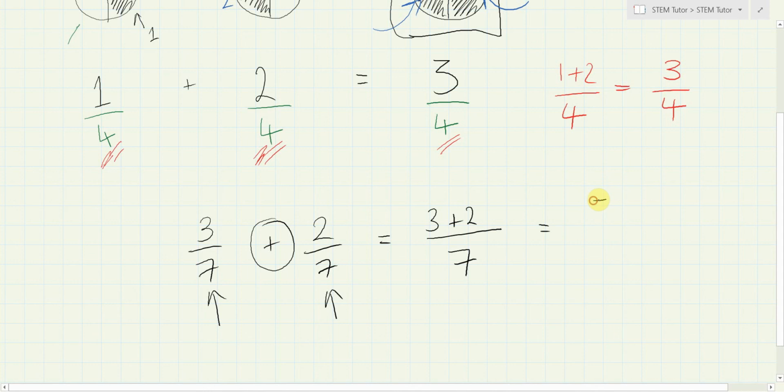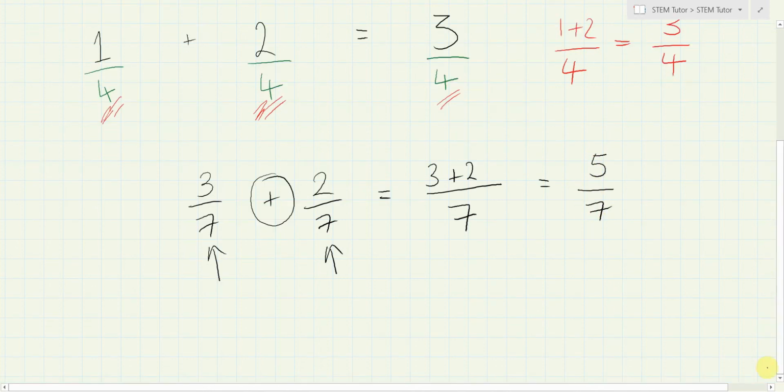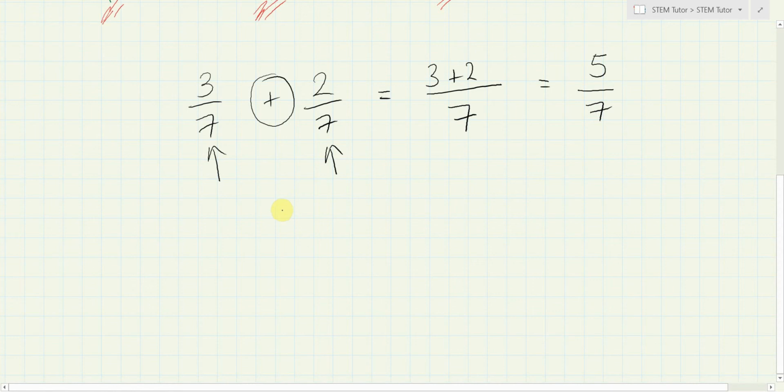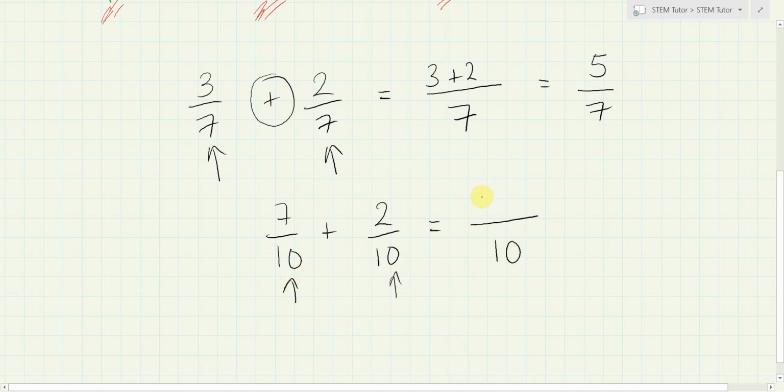So that gives us 5 over 7. Just another example, if we had 7 over 10 plus 2 over 10, the denominator will be 10, as it is the same in both of these, and at the top of the fraction, our numerator will be 7 plus 2, so that's 9 over 10.